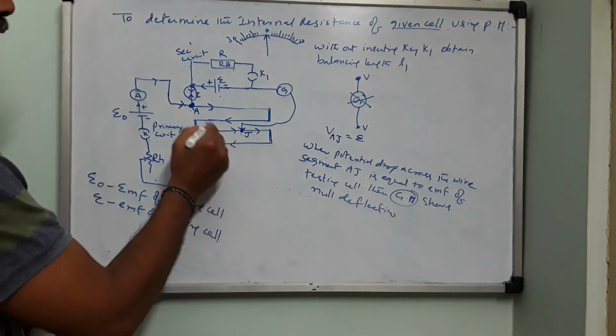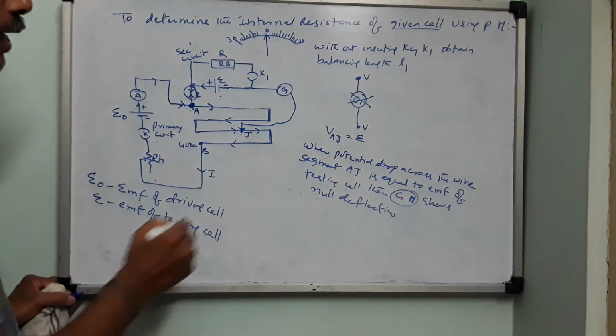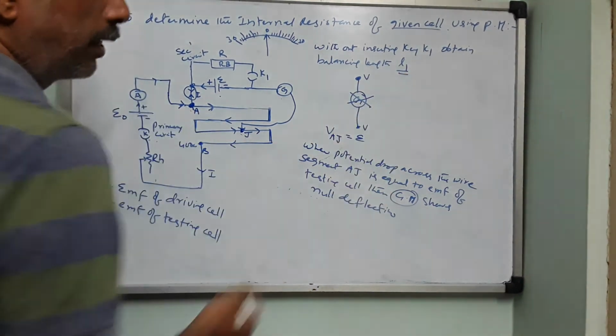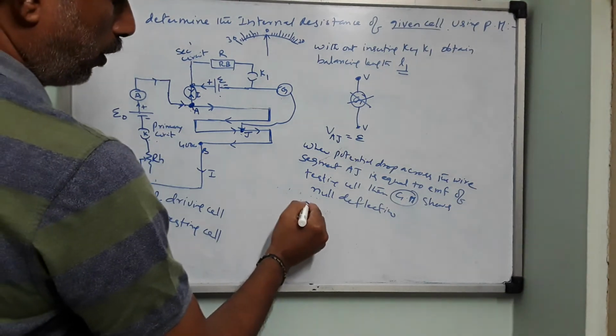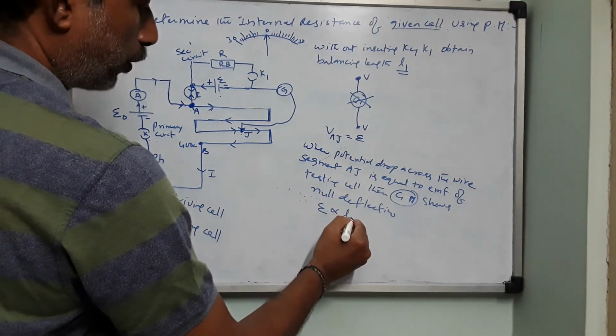At what length is it showing null deflection? Let us say at a length L1. So therefore, EMF E is proportional to L1.